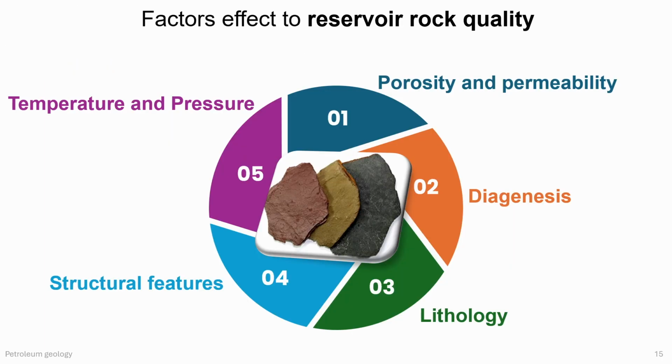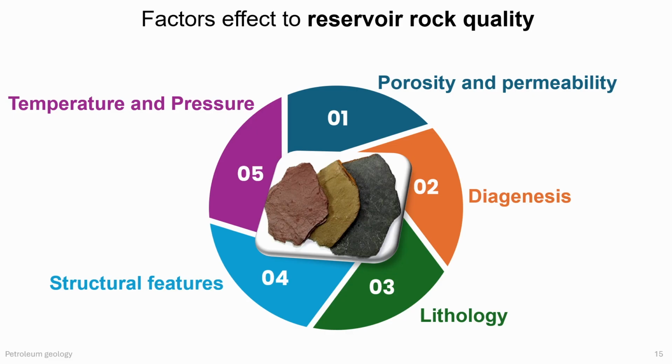This slide explains the factors that influence reservoir rock quality. 5 key factors are highlighted: porosity and permeability, diagenesis, lithology, temperature and pressure, and structural features. Reservoir quality determines how well a rock can store and transmit hydrocarbons.